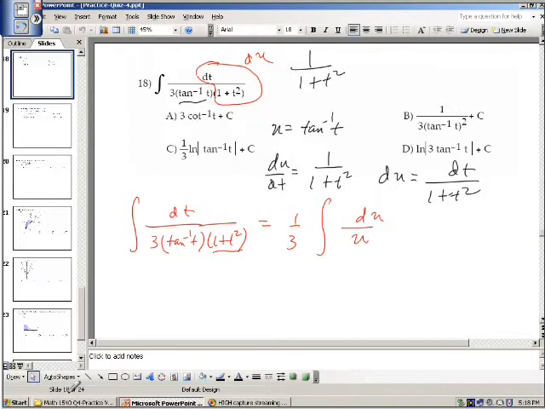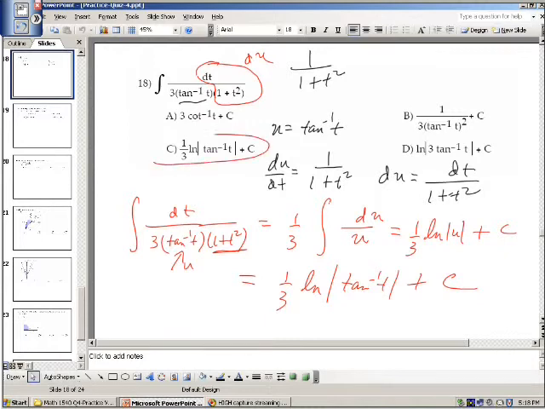Remember u is equal to inverse tangent of t. So this integral is equal to 1/3 ln absolute value of u plus a constant, which is equal to 1/3 ln of the absolute value of inverse tangent of t, plus a constant. So the answer is C.